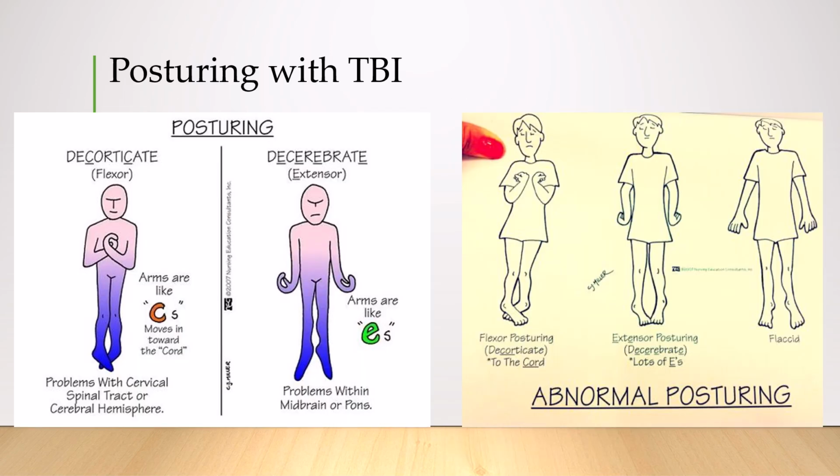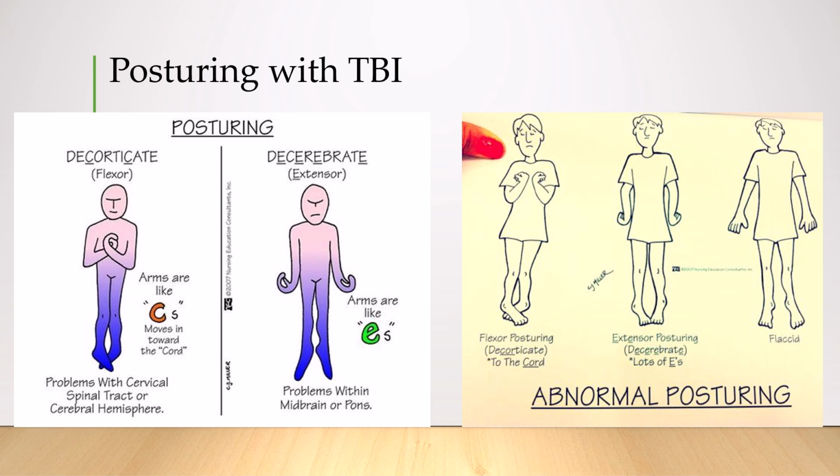Posturing. Posturing is a very ominous neuro issue. It means the patient's not doing well and they're not doing well fast. This is the most concerning aspect. Especially when they have acute posturing, we're losing the patient and we need to call for help. We need to probably go in surgically or redo a CT scan.